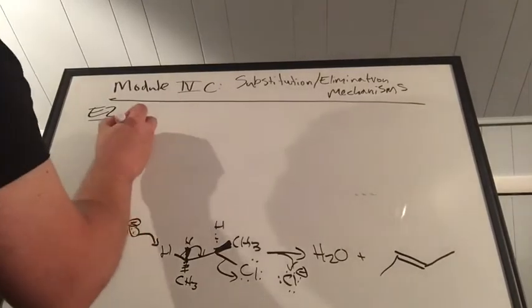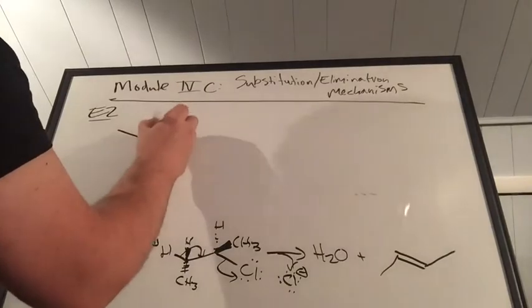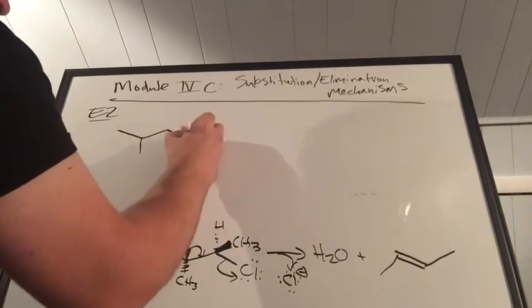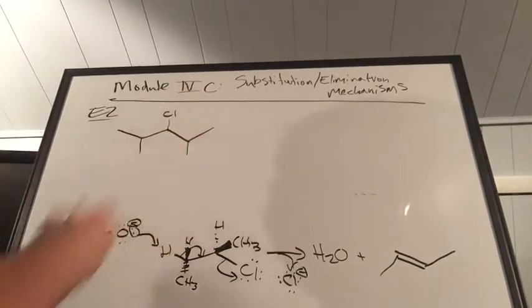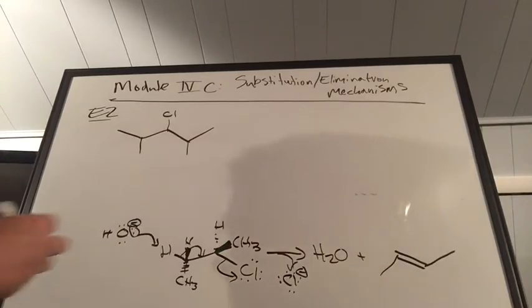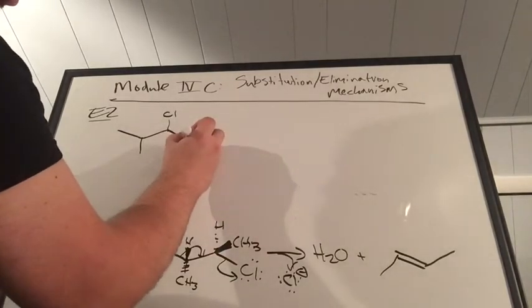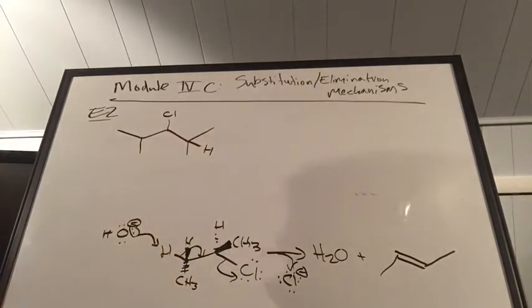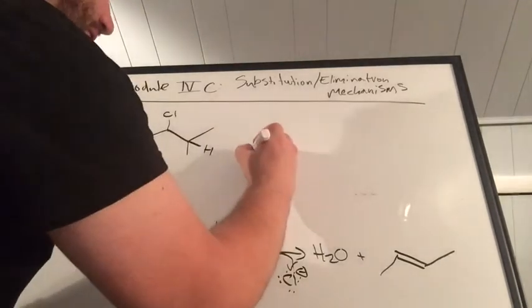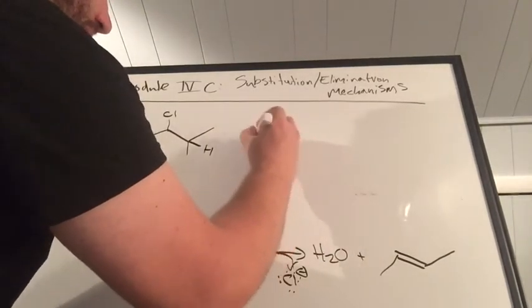So let's say we have a chloro group right here. Then we have a hydrogen. And we have a strong base like NH2 minus.